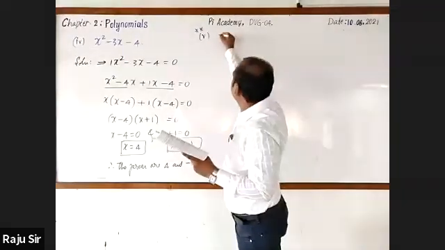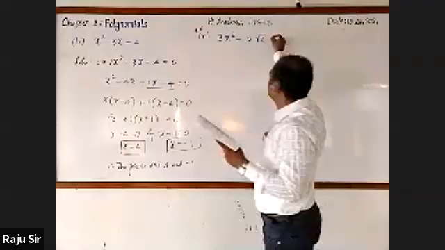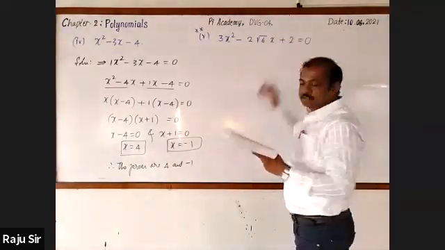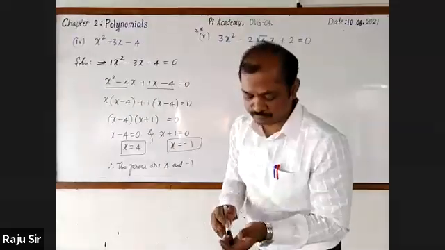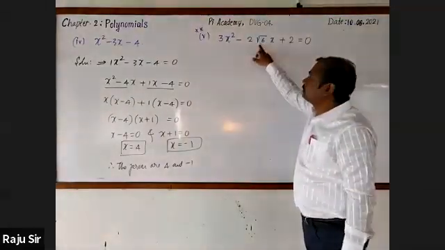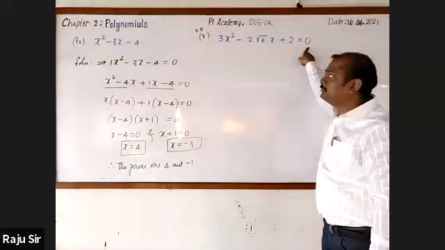It is 3x square minus 2 into root 6 x plus 2.